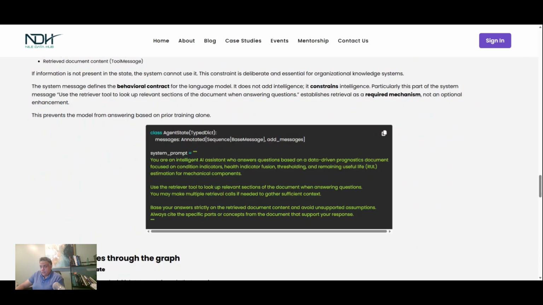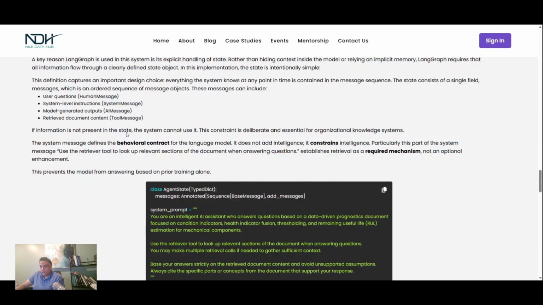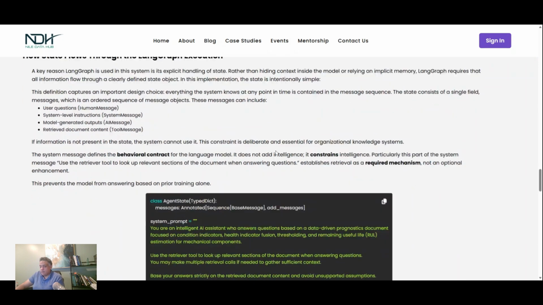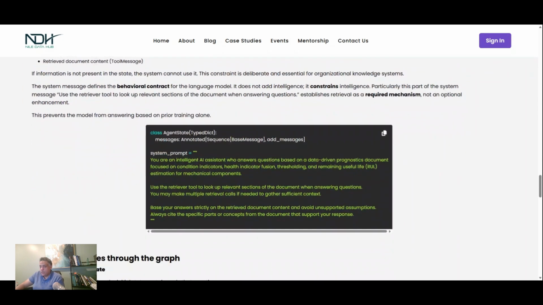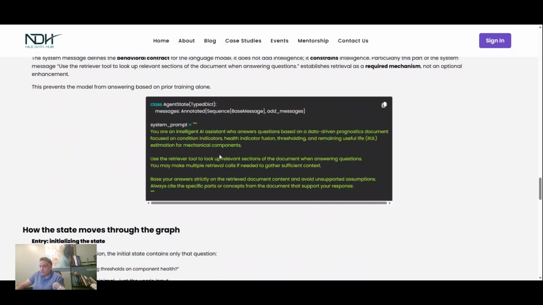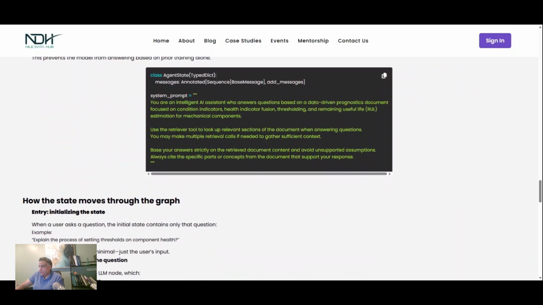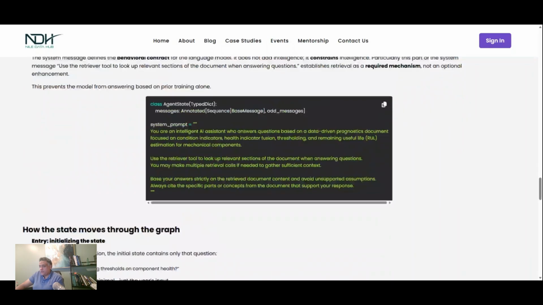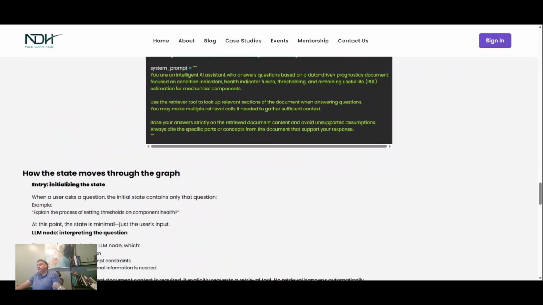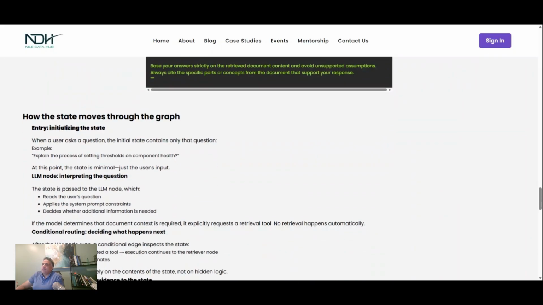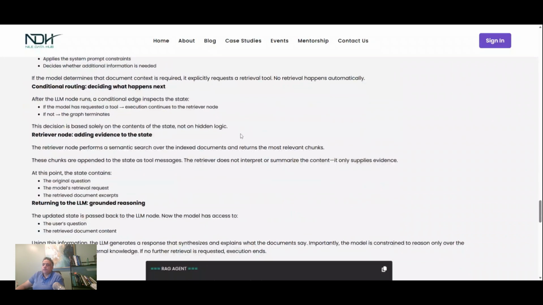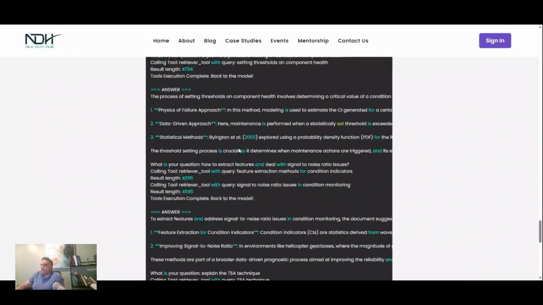In the article, I'm using a paper on condition-based predictive maintenance for rotating machinery. I'm able to ask very deep questions, such as about the thresholds and explanations of certain signal processing methods for extracting features and so on. And the answers are very good.